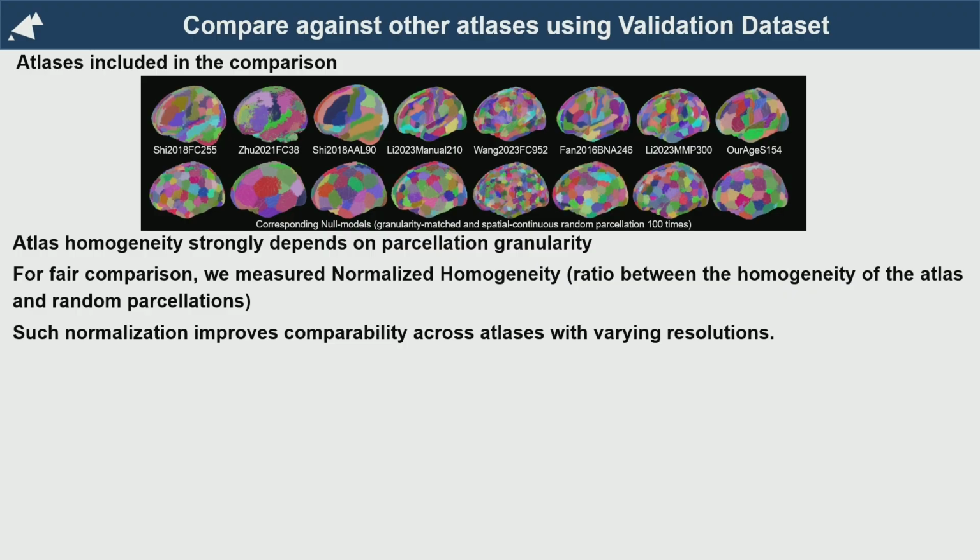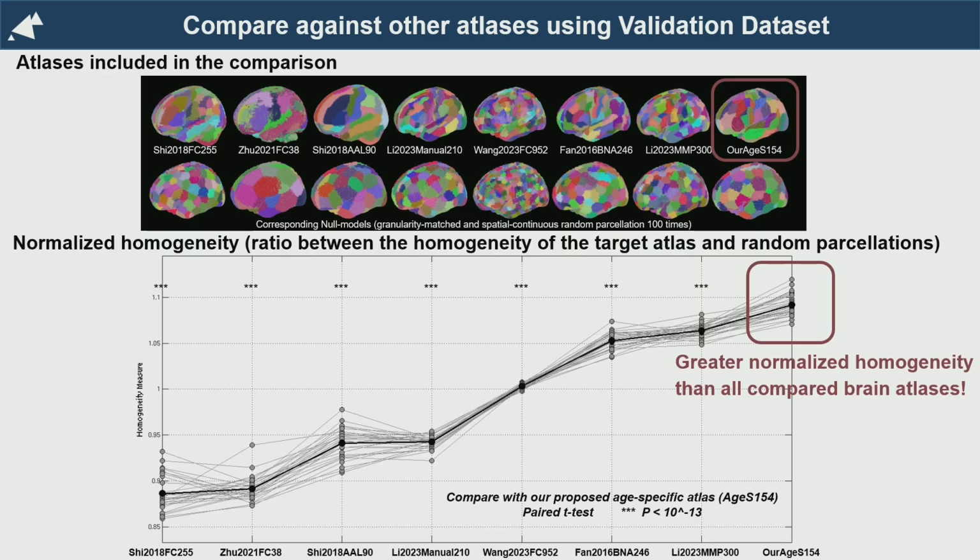Such normalization improves comparability across atlases with varying resolutions. Here are the results. We can find our proposed age-specific infant atlases have greater normalized homogeneity than all compared atlases.